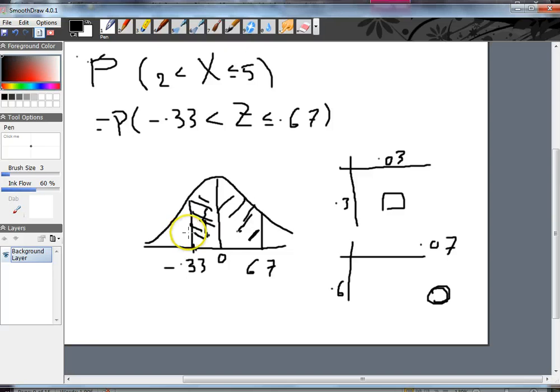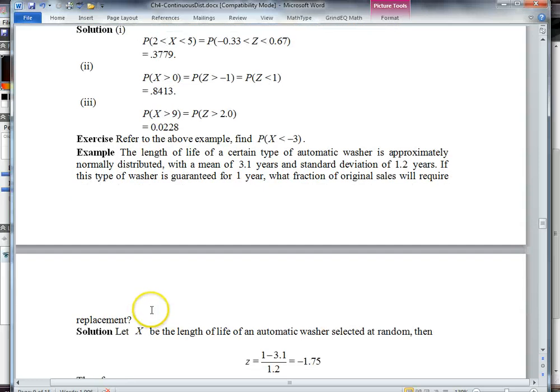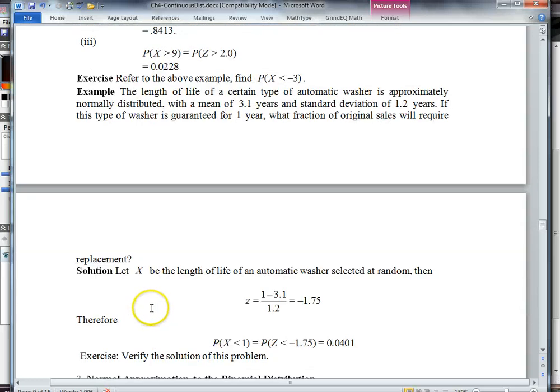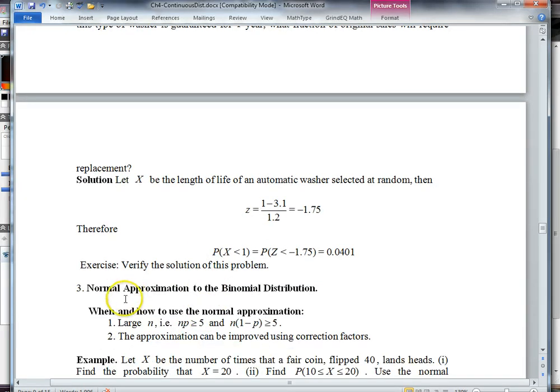Okay, so I add them up, and that should give me the answer, which is 0.3779. So maybe you want to pause, do this, and then try to do the other two. And these examples here, they're all the same. And next we'll talk about the normal approximation to the binomial distribution, but that's for another lecture. Thank you.